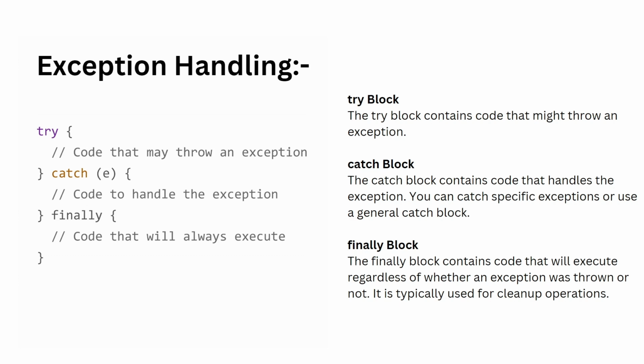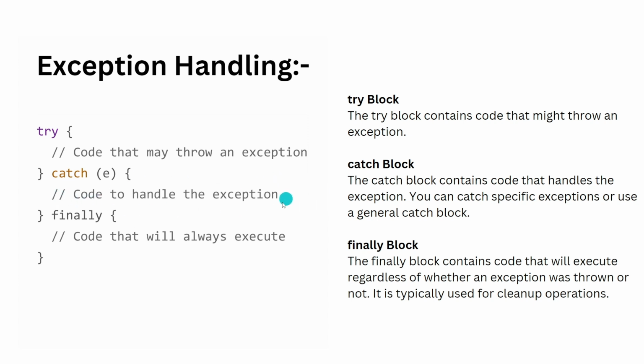Suppose we are dividing a number by another number, and the other number is nothing but 0. As we know that it can't be possible, but if the user inputs 0 and 0, then what can we do? So in that case, we can place that division code in the try block, and if that situation triggers where the user is entering two numbers 0 0, which states 0 divided by 0, we can handle that situation inside the catch block.